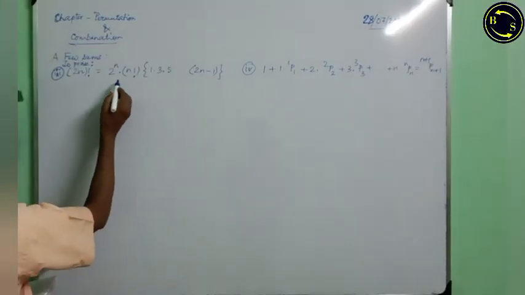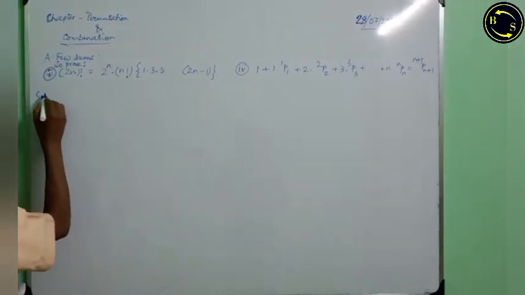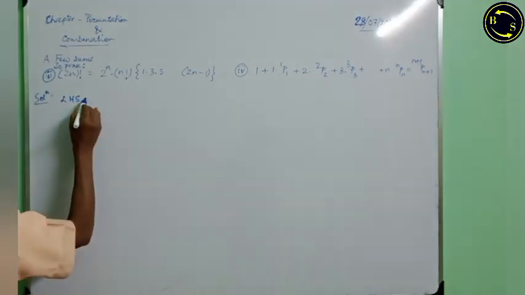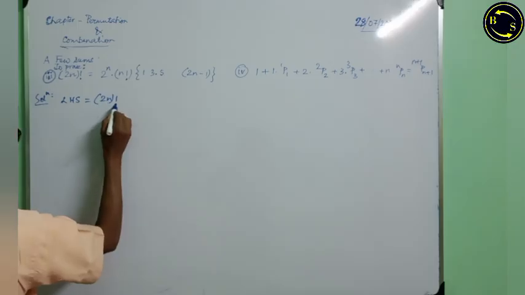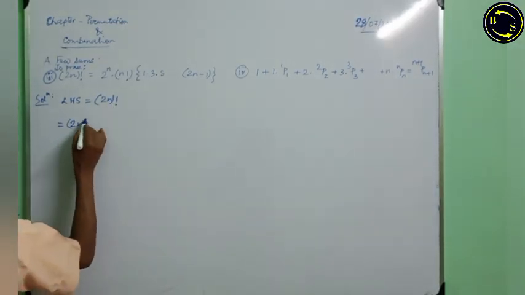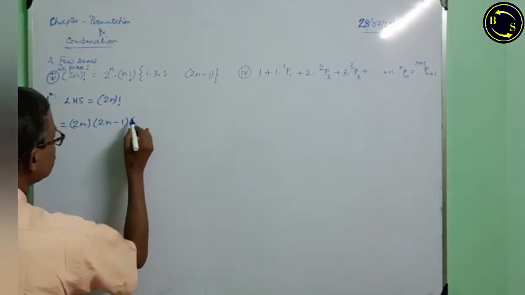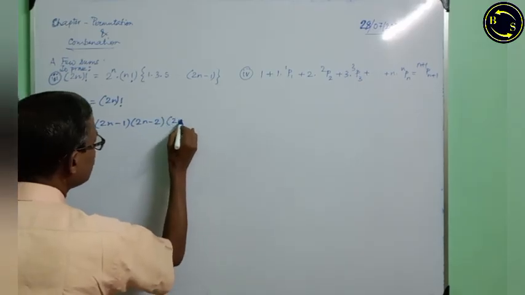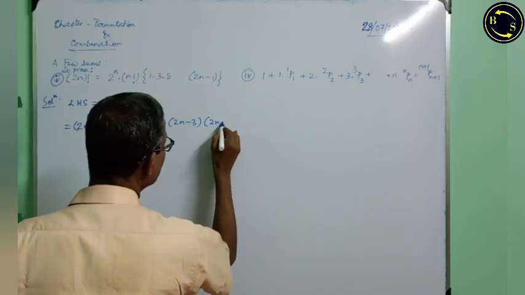Factorial 2n is equal to this expression. LHS: 2n factorial, that can be written as 2n, 2n minus 1, 2n minus 2, 2n minus 3, 2n minus 4.